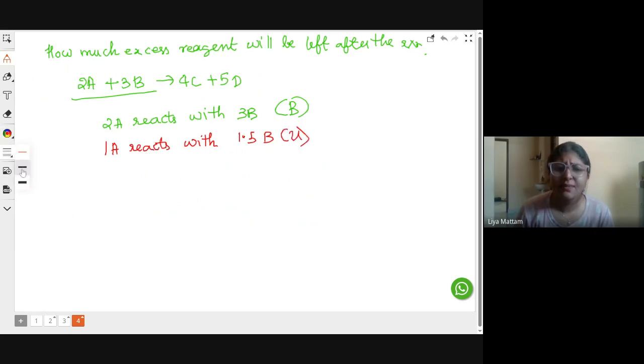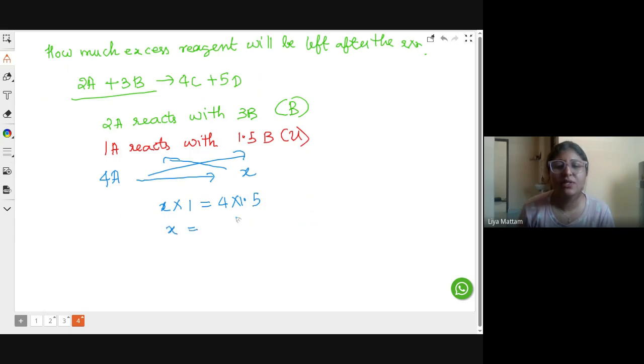In the question, how many moles of A are given? 4 moles of A are given, right? If 1 mole of A reacts with 1.5 moles of B, then 4 moles of A react with how much? X. We have to find out. So cross multiply. X into 1 is equal to 4 into 1.5.